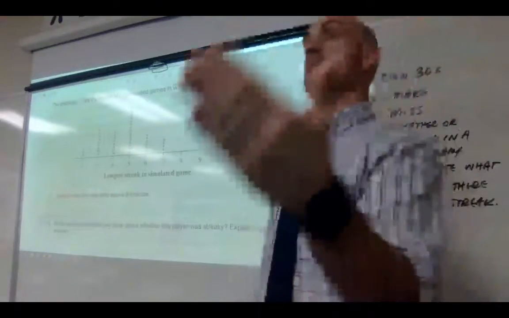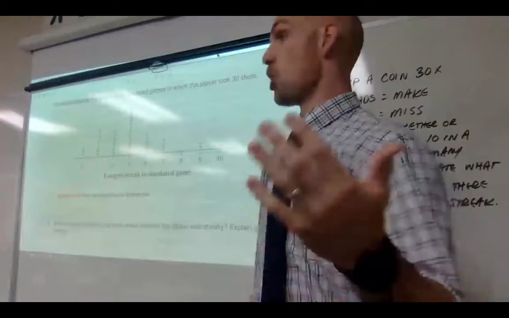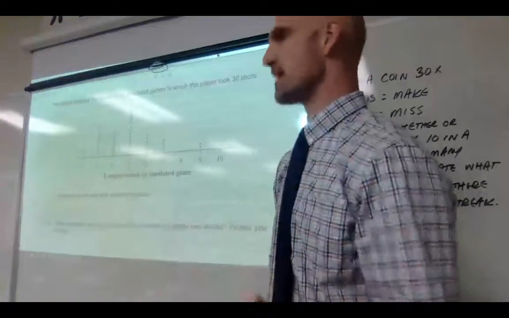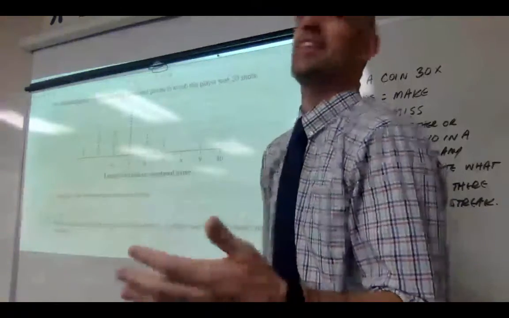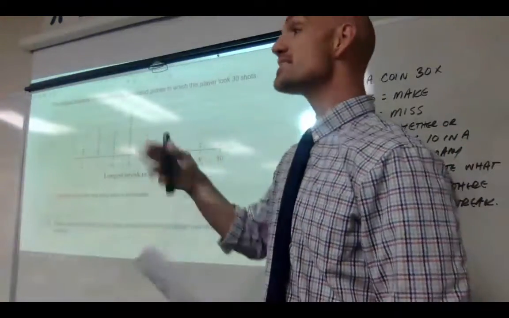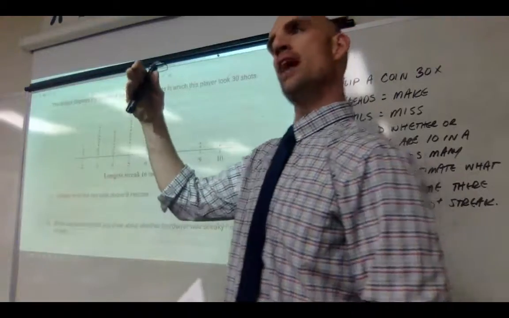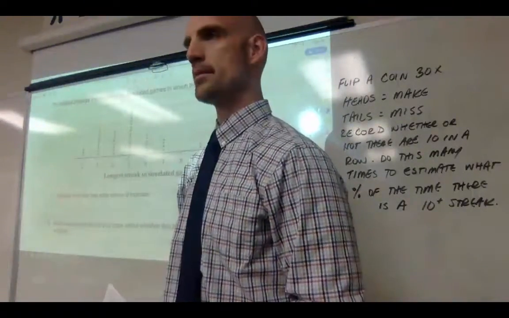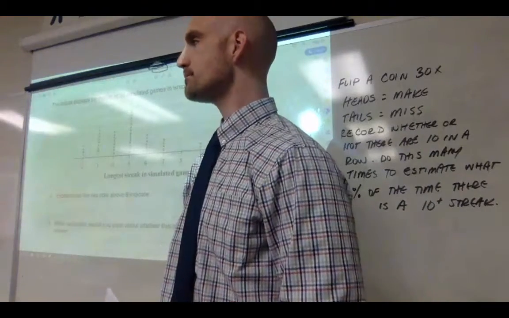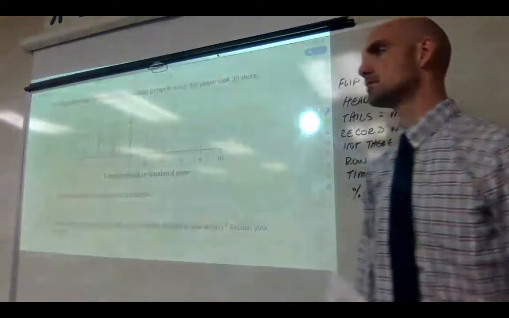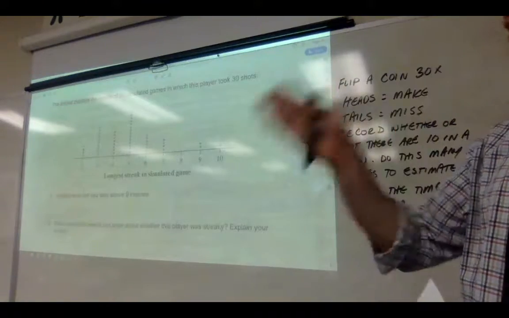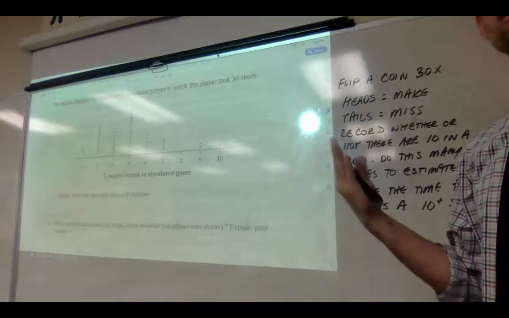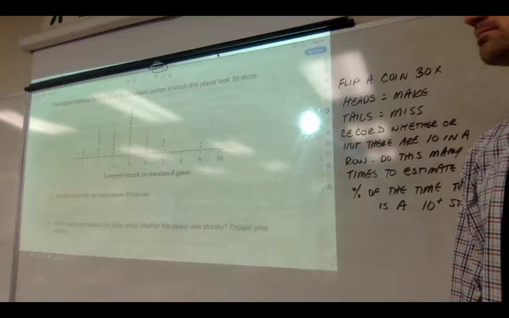Hey, but they had a game where they hit 10 in a row. Okay, was that weird? Or could that just have been random? Or is it true that when they do hit a shot, they are more likely to hit subsequent shots? Does that make sense? So we're testing the validity of the 50% probability. We are testing whether this person is a streaky shooter by asking: is it significant that the person hit 10 in a row that one time?